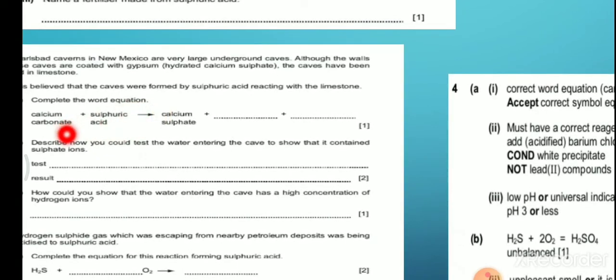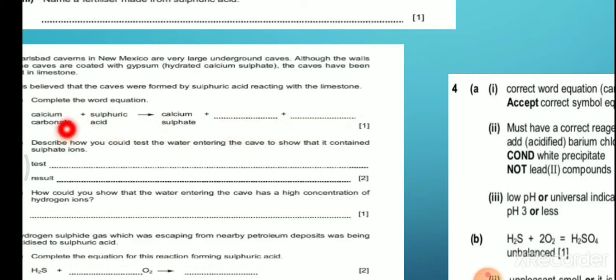Next question. Complete the word equation: calcium carbonate plus sulfuric acid gives calcium sulfate plus blank plus blank. In the limestone section you saw how acid rain, that is sulfuric acid, when it falls on marble, forms calcium sulfate. So you need to complete these two blanks.